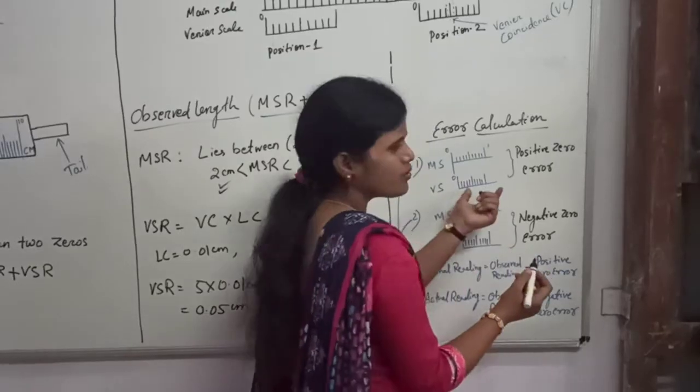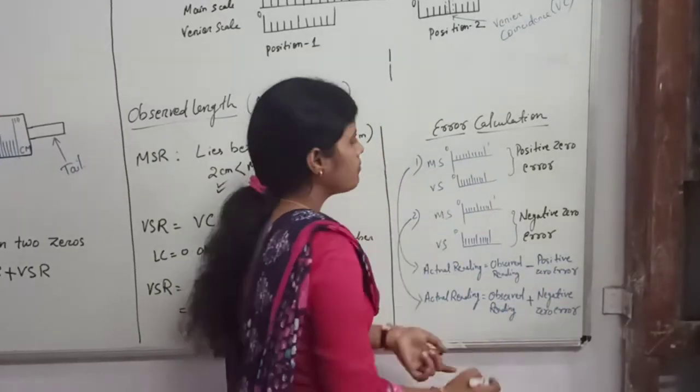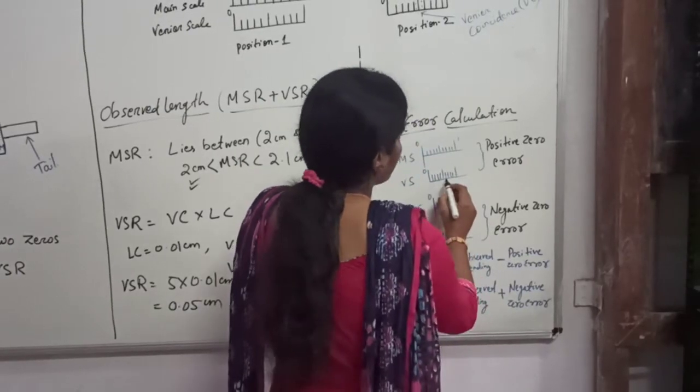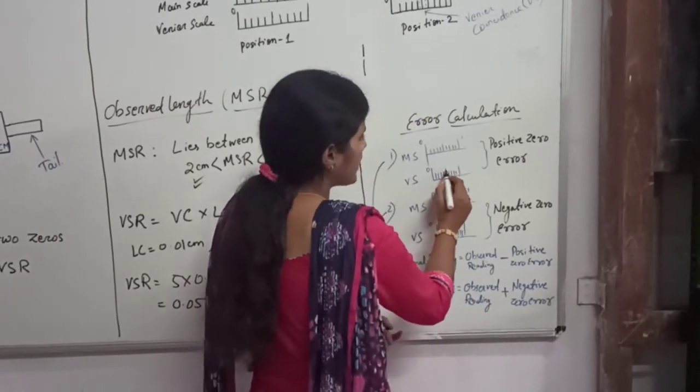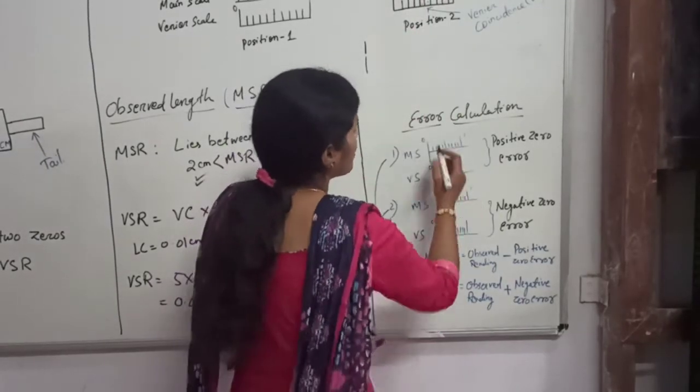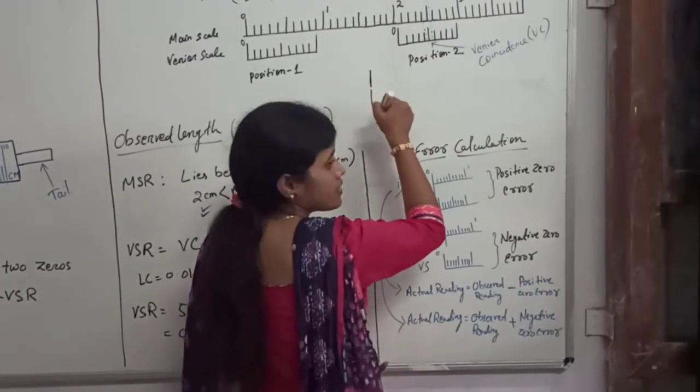Suppose, for example, just a rough diagram, the fifth line is coinciding with a division of the main scale, coming in a straight line.